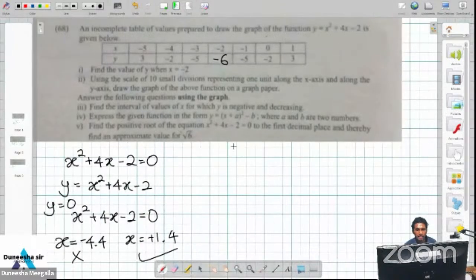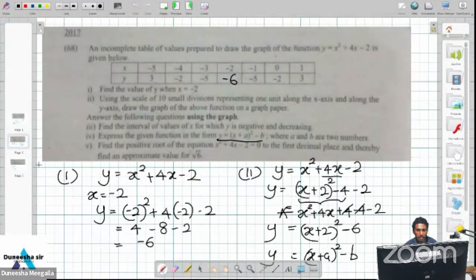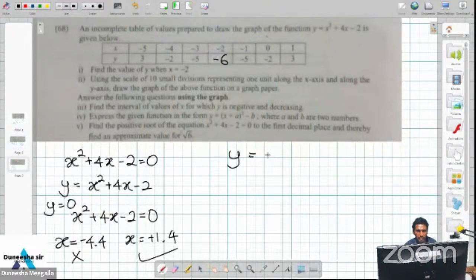How we find it? What is our form of x plus 2 square? Y equal x plus 2 square minus 6. අපි කලින් form එක ගත්තනේ fourth question එකේ. By using this, can you get the answer for the square root?